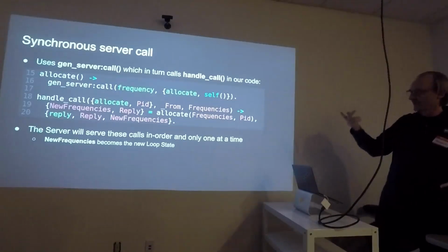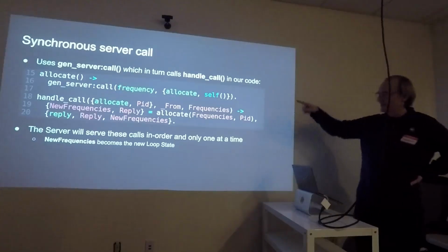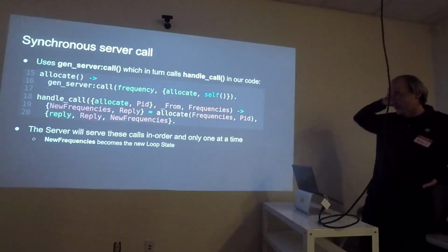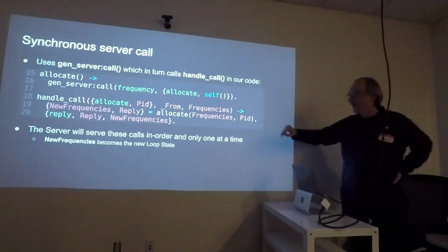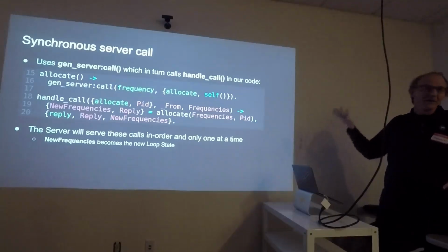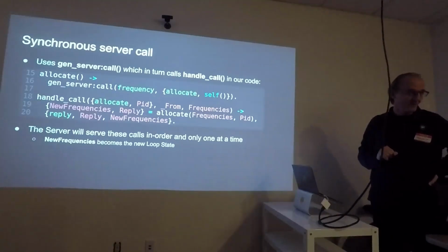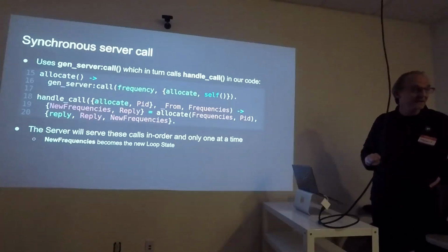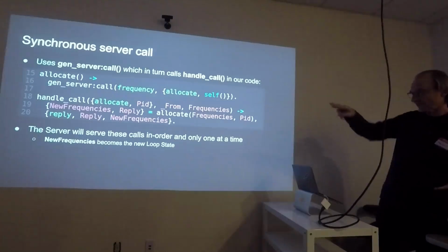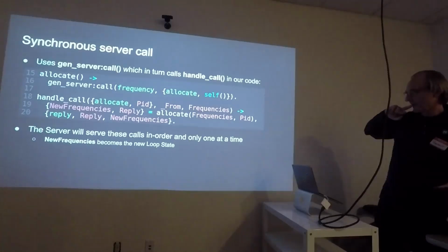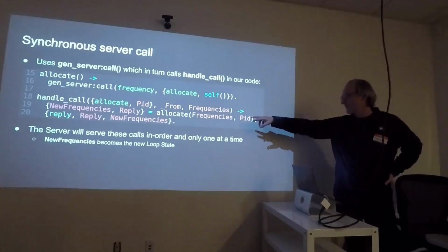And this is one type of call. So the call itself is straightforward and simple, and then my callback handler is here, and it's almost the same code as I had in the naive implementation, because that's all I need, except in line 19, I actually calculate the new frequencies.